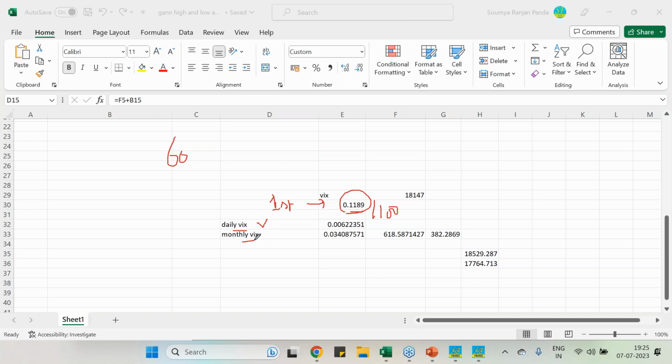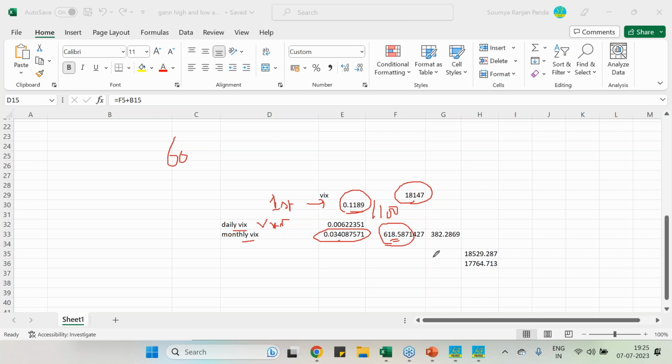Then I am finding out the monthly VIX, daily VIX multiplied with square root of 30. एक महीने का VIX मेरा निकल गया. This VIX I am multiplying with the first day closing price of the Nifty spot, not future. So I am getting one number, 618. So this many points of movement I will have in a month.